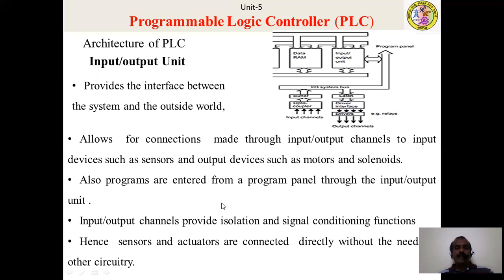Also, programs are entered from a program panel through the input-output unit only. Input-output channels provide isolation and signal conditioning functions. Hence, sensors and actuators are connected directly without the need for other circuitry.